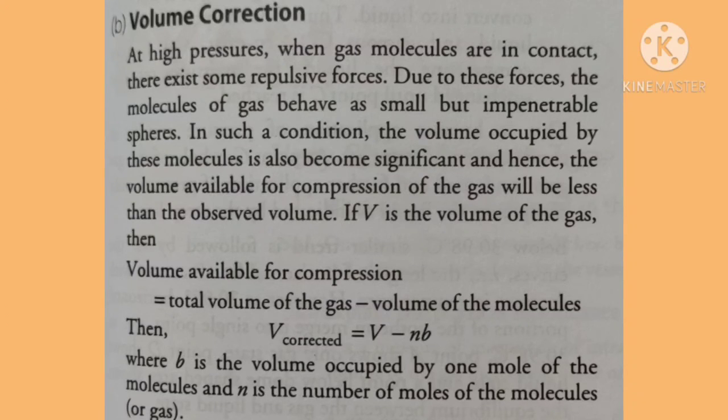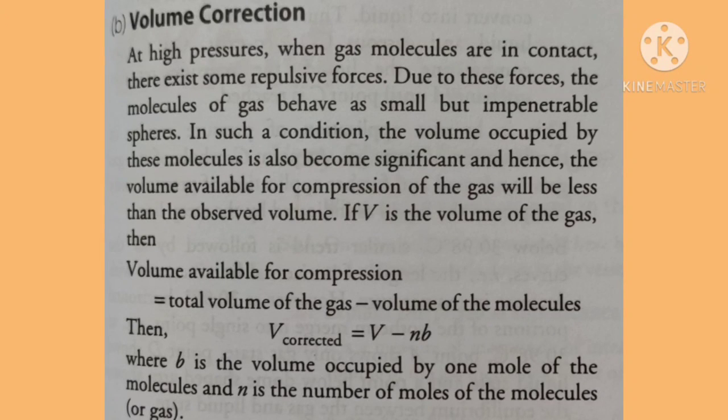At high pressure, when gas molecules are in contact, there exist some repulsive forces. Due to these forces, the molecules of gas behave as small but impenetrable spheres. In such a condition, the volume occupied by these molecules also becomes significant and hence the volume available for compression of the gas will be less than the observed volume.